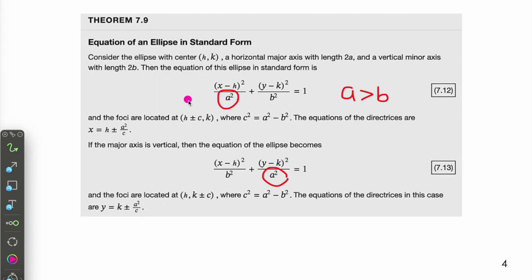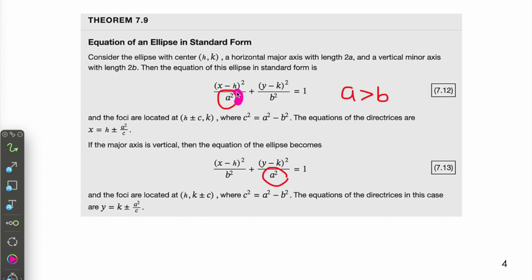Okay, so here is what our standard form of an ellipse looks like. And depending on which way the ellipse is facing, if the major axis is running horizontally or vertically, we have two different standard equations where you're just looking at the denominators to help you determine that. So in these standard forms, my a is going to be bigger than the b, or another way to say that is a squared is bigger than b squared.